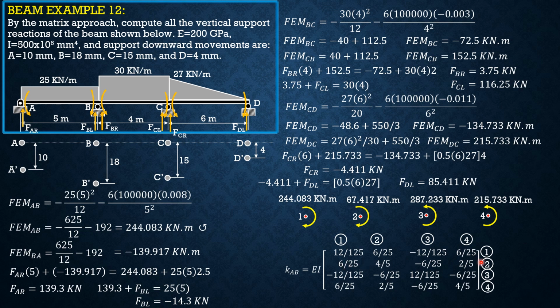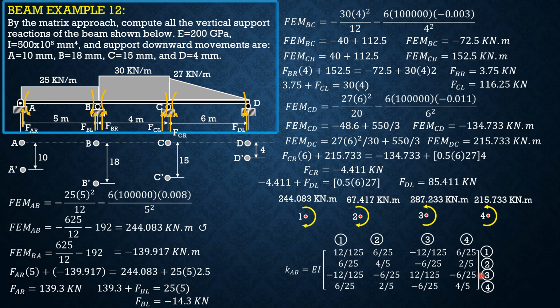For the next row, it is 6 EI over L squared, so 6 over 5 squared, 6 over 25. This is 4 EI over L, 4 times 1 over 5, so 4 fifths. This is the negative of this entry, and this is half of that entry, 2 EI over L, so 2 over 5. The third row would be the negative of the first row elements.